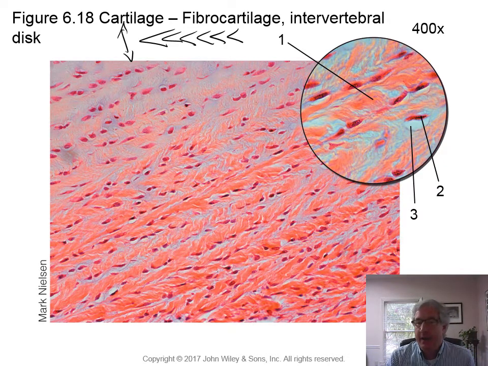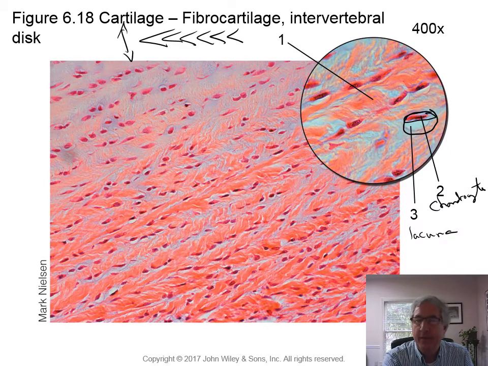Okay, and you can see here that you have a chondrocyte in a lacuna there. So here's your chondrocyte here. So chondrocyte, and 3 is pointing to the lacuna. And this is fibrocartilage here. Okay, next slide.